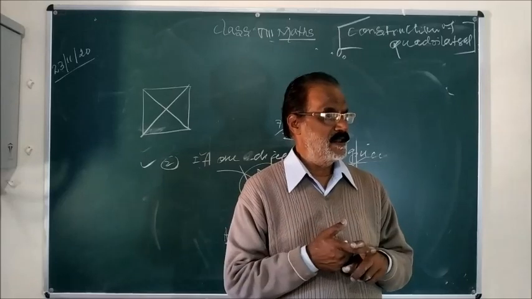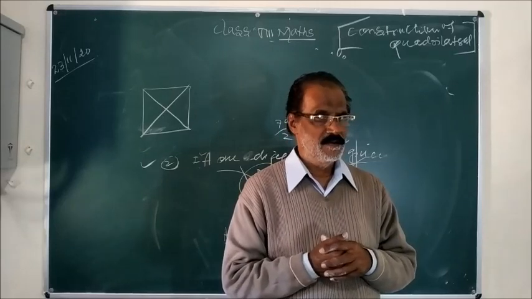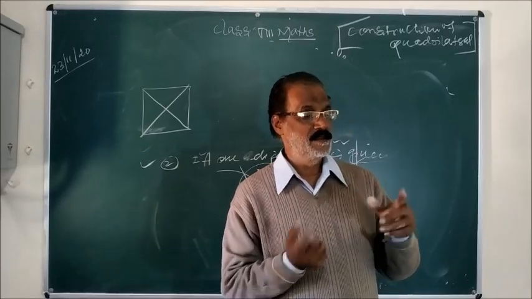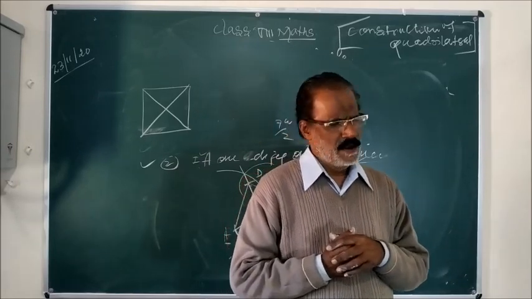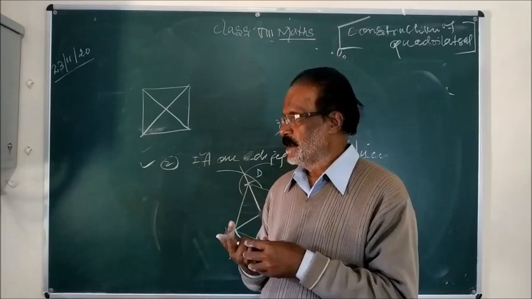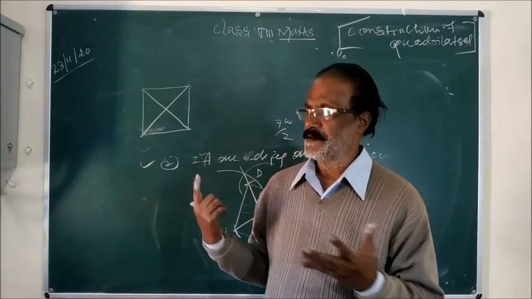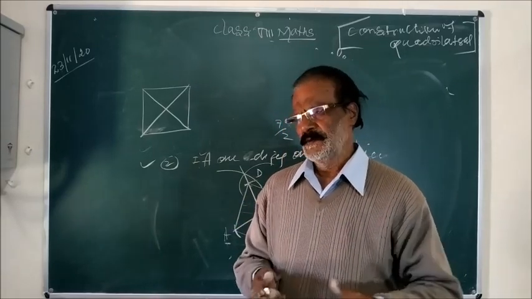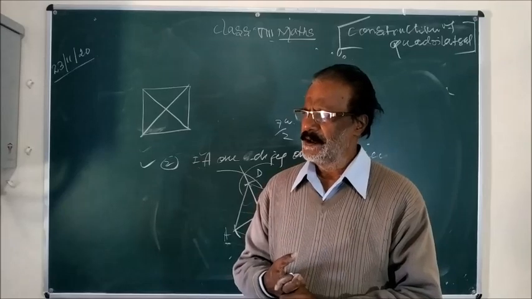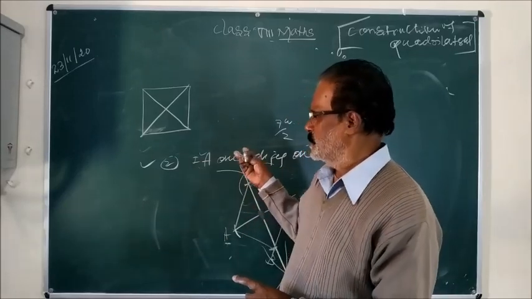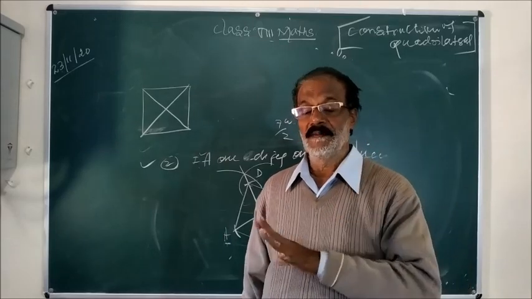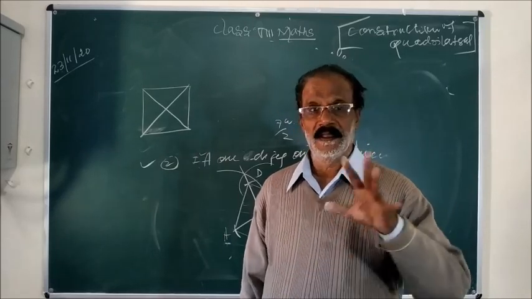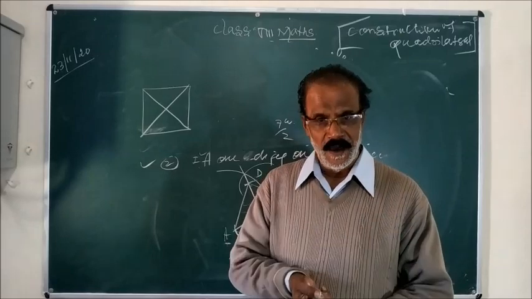In a rectangle, you know, opposite sides are equal, each angle is 90 degrees, diagonals are equal, diagonals bisect. And in a square, all sides are equal, all angles are 90 degrees, diagonals are equal, diagonals bisect. So if you remember the properties, and if you try once or twice, you will learn how to draw the construction and how to draw the diagonals.